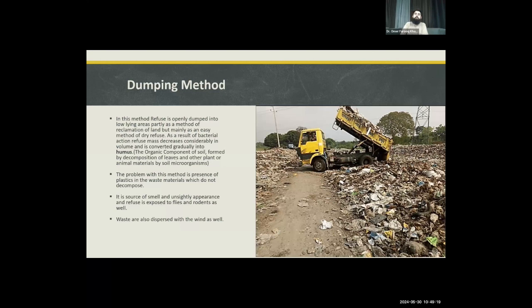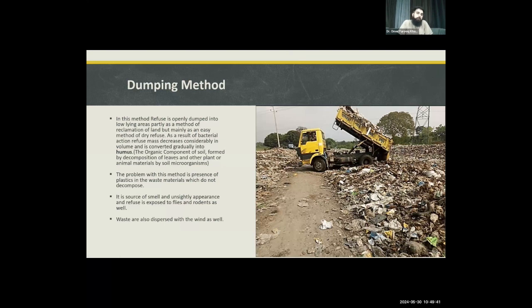So, dumping method. It is basically the method of the underdeveloped world. All of the underdeveloped world, including my country, parts of my country as well, use this open dumping method. So in this method, refuse is openly dumped into low-lying areas, partly as a method of reclamation of land.